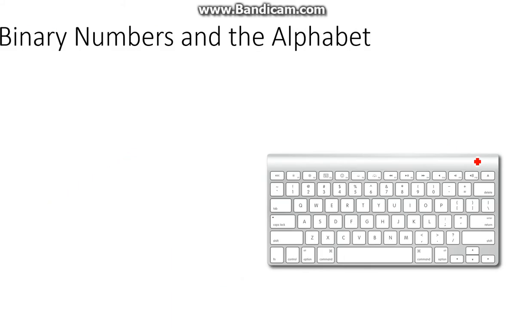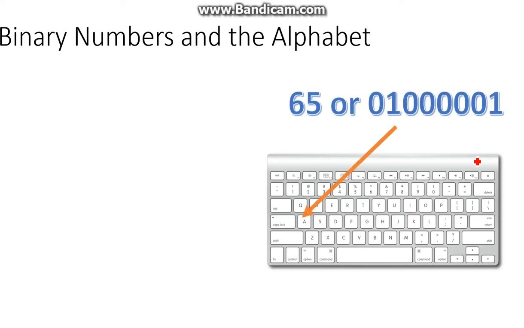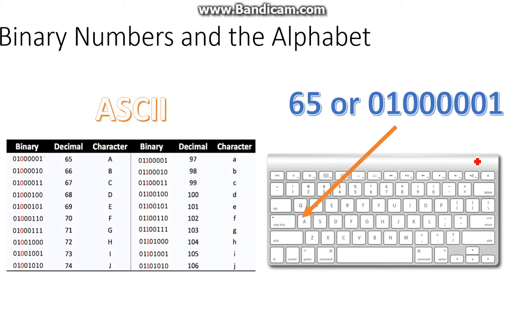So, what happens when you press a key? Well, the keyboard sends an electrical signal called the scan code to the computer, saying that the button was pressed. The keyboard controller interprets the scan code and determines that the letter pressed is an A or B or whatever, using ASCII codes.